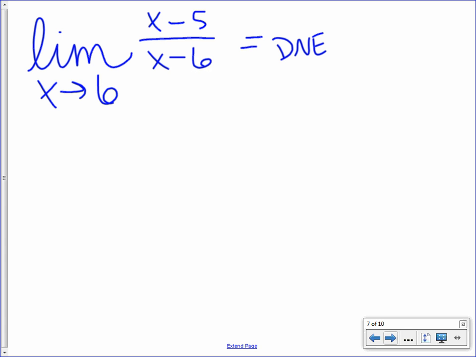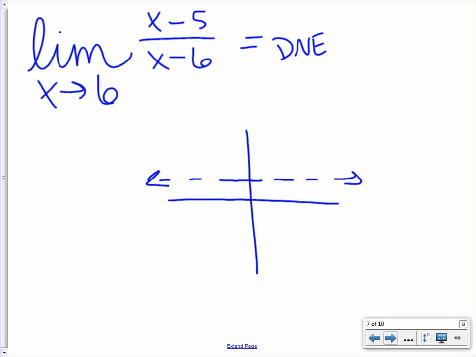What if you plug in 4? So yes, when you plug in 4, you're up here, right?